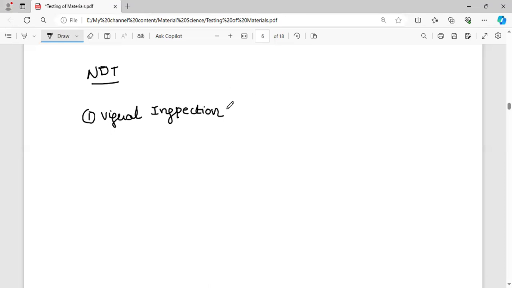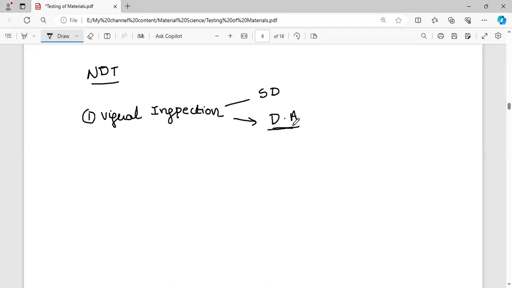So what can we observe in the finished product? Surface defects can be observed with our naked eye, and dimensional accuracy. Please note dimensional accuracy in your notes.